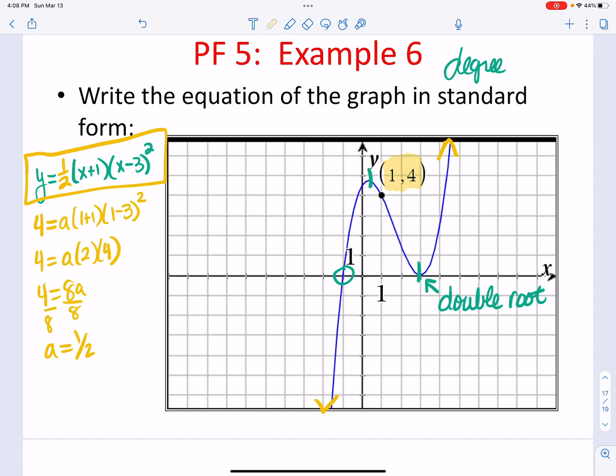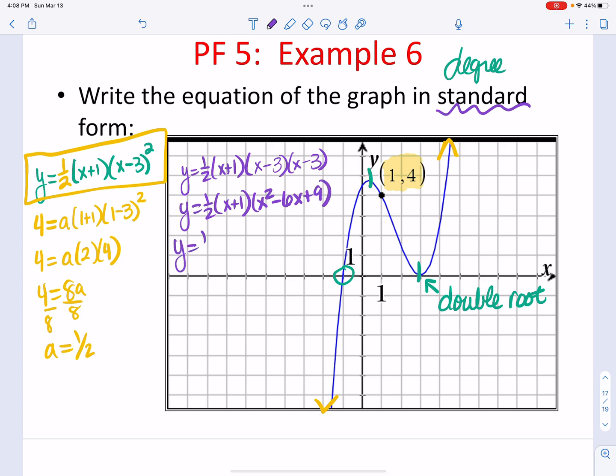But the question says, put in standard form. So I'm going to have to write that out. 1/2 times x plus 1 times x minus 3 times x minus 3. Okay, and it doesn't matter what order. So I'm going to do the x minus 3's first. So that would be x squared minus 3x minus 3x is minus 6x plus 9.